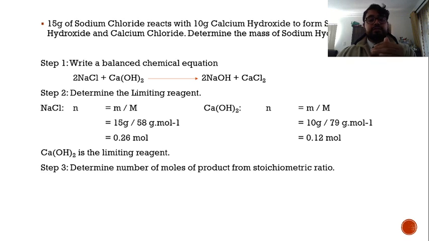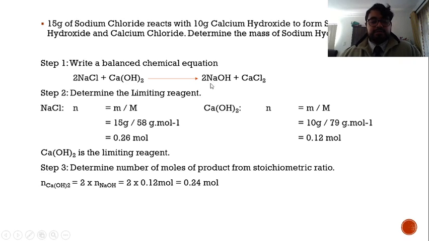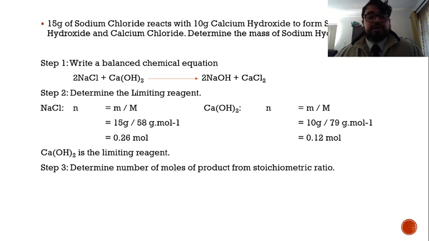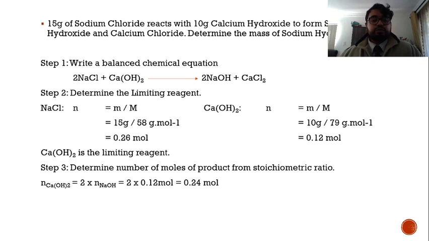Now, if we look at the chemical equation at the top, our calcium hydroxide is 1 and our sodium hydroxide is 2. So that means 1 mole of calcium hydroxide reacts to form 2 moles of sodium hydroxide. So the number of moles of sodium hydroxide is double the number of moles of calcium hydroxide.